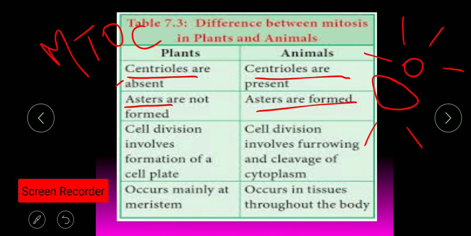In plant cell, the cell division involves the formation of a cell plate, as you have seen just now, whereas the cytoplasmic division in animal cell is through furrowing and cleavage of the cytoplasm. Then mitosis occurs only at the meristem. Meristems are the growing tips of the plants. So mitosis occurs at the meristematic part of the plants, whereas in animals mitosis is found in almost all the tissues of the body.